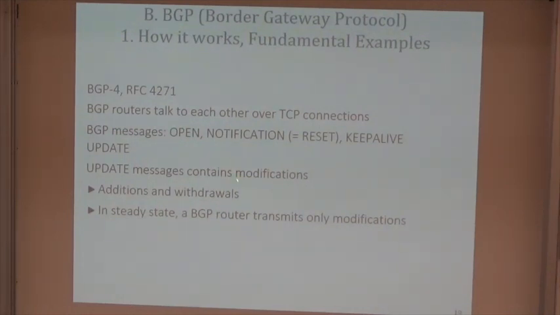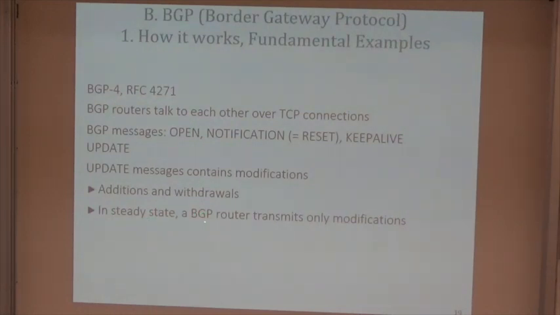But a difference is that the update messages contain only the modifications. With OSPF, the update message contains the new state of everything. In BGP, we send only the delta. So that's why it's called an update. And there is an explicit field in the delta saying whether you are withdrawing or adding a route.